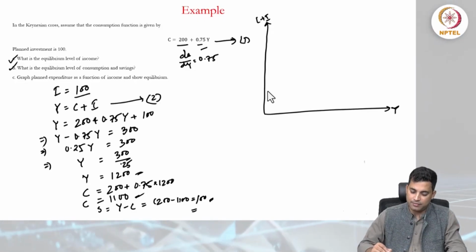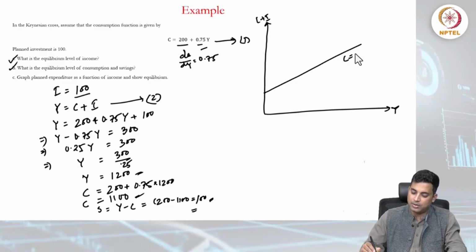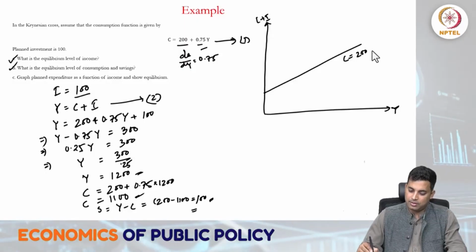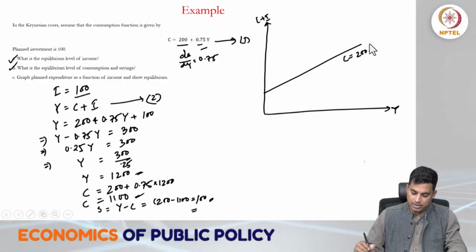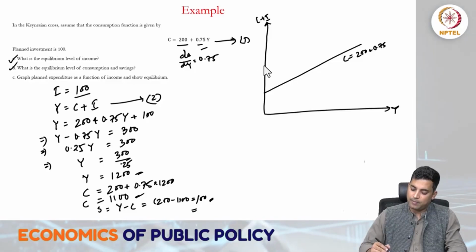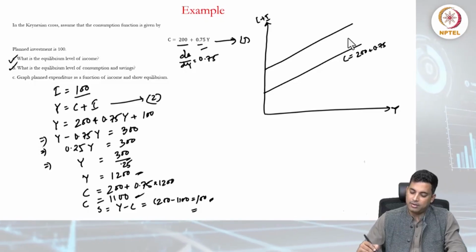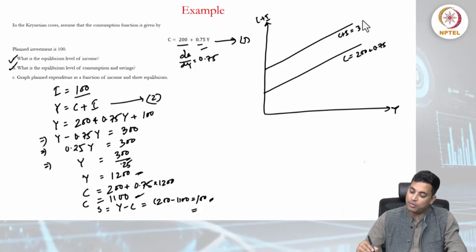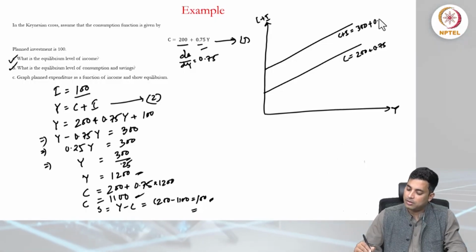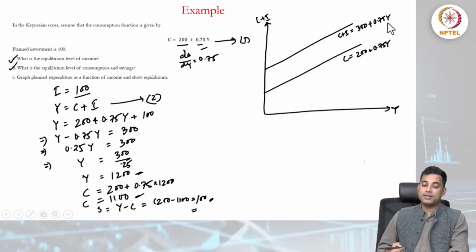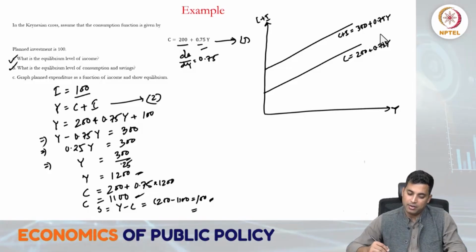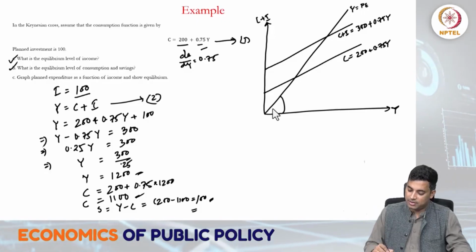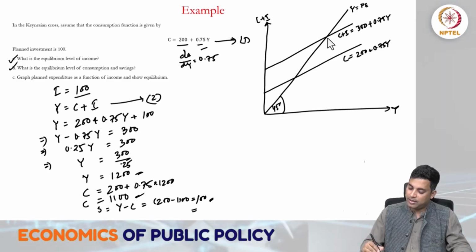First, C here is 200 plus 0.75Y, and capital I is 100, so C plus I is 300 plus 0.75Y. Then Y equals planned expenditure is a straight line, the 45 degree line as we know, and here is the equilibrium we are talking about, at Y equals 1200.